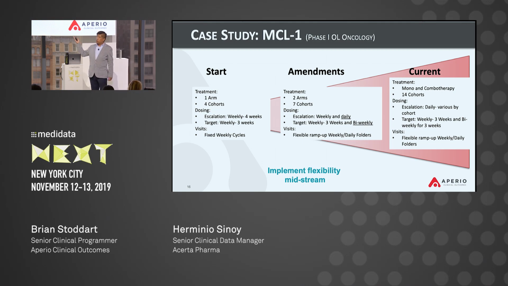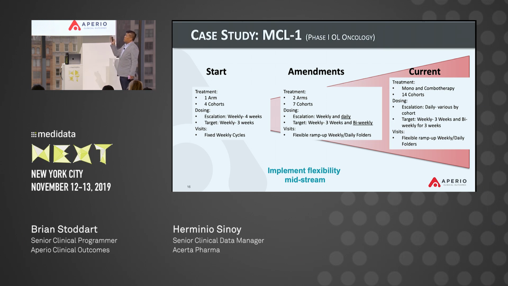And again, we had fixed weekly cycle folders where they enter the visit date, and it just adds the forms we expect for day 1, day 8, day 15, or during dose escalation, week 1, week 2, week 3, et cetera. And then there were a number of amendments where the second arm was added based again on indication. And then there were 7 cohorts now, again, based on dose level.